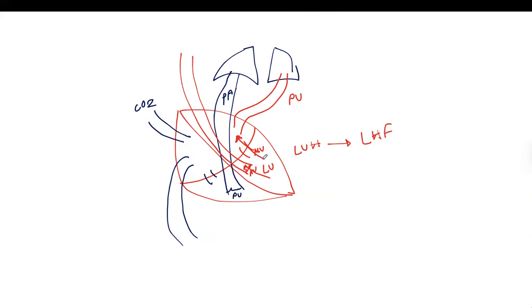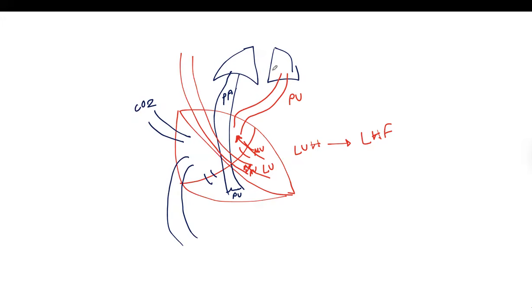Just like a pipe system works: if something is blocked, then it goes backwards. So it starts to go backwards, which means the left atrium starts to become full. At once, the left atrium will become full with fluid and blood. Then it will go back through the pulmonary vein.